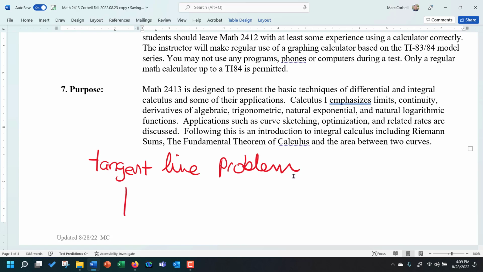Basically, we're going to look at a graph, and we're going to look at the secant line and its slope. And then we're also going to look at that graph and look at the tangent line here. You'll see that the slope of the secant line, we're going to relate it to the slope of the tangent line. And that's really going to be the calculus, is we're going to actually end up solving the tangent line problem in a big way.